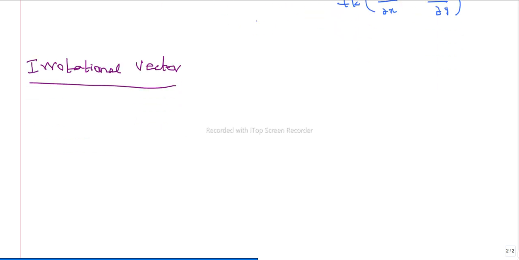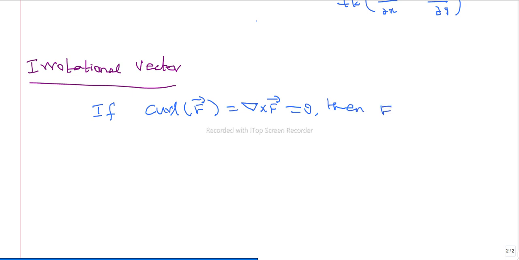The curl of the vector is nothing but del cross f. If del cross f is 0, then f is called an irrotational vector.